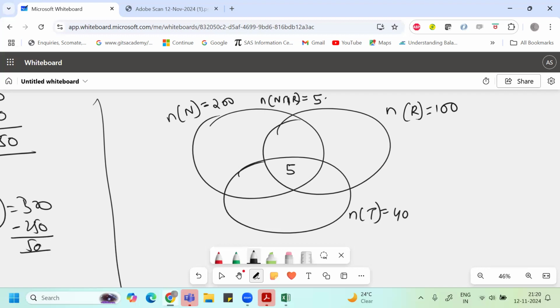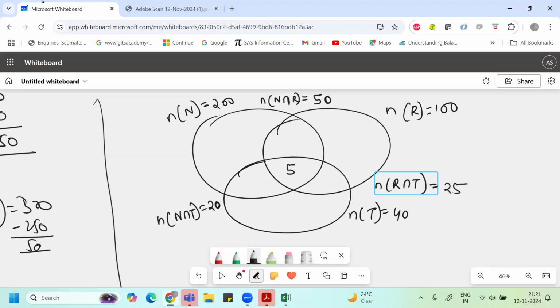Then radio intersection television that is given is wrong. That should be 25. By mistake, they have given you 20. Ignore that. And N of newspaper intersection television that is given as 20, make it 20; that was given as 25.